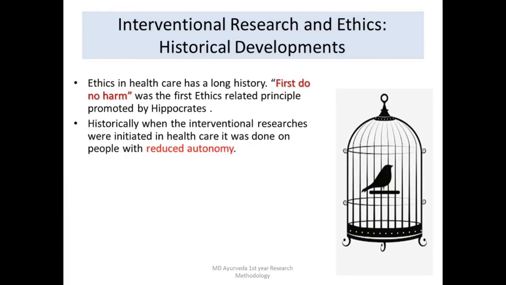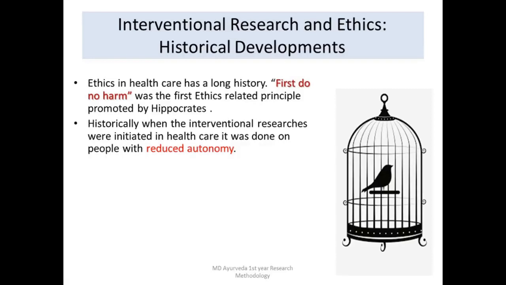Historically, when interventional research was initiated in healthcare, it was done on people with reduced autonomy. When we started doing interventional research, it was quite obvious to think from where we are going to get the participants. Naturally, the participants were the persons who had reduced autonomy.